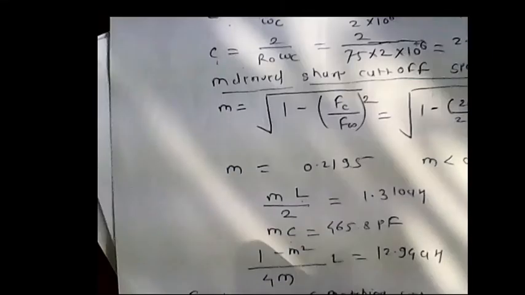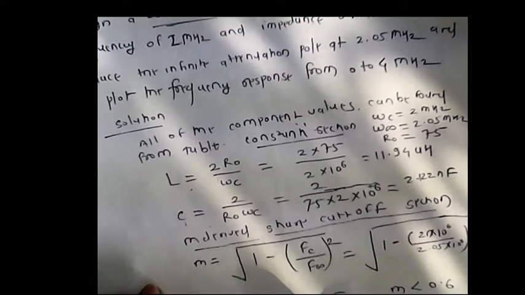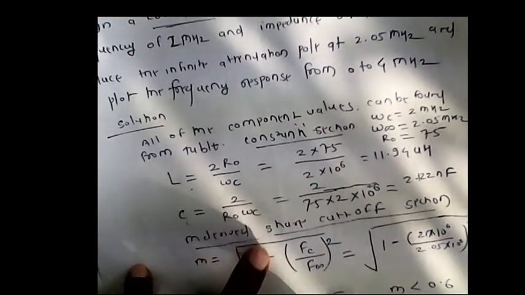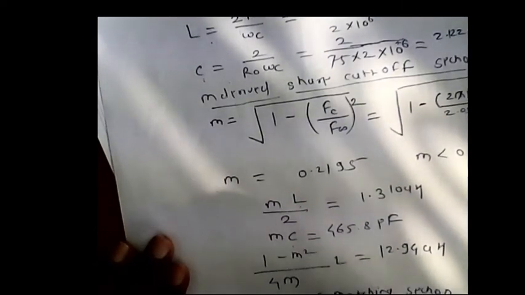The complete filter circuit will be drawn in cascade format, so we can give the total picture view. These are the values calculated for the constant K section filter, then the m derived for the sharp cutoff, and for the m value of 0.6, the matching section. Now we draw the low pass composite filter, which is a 4 stage.